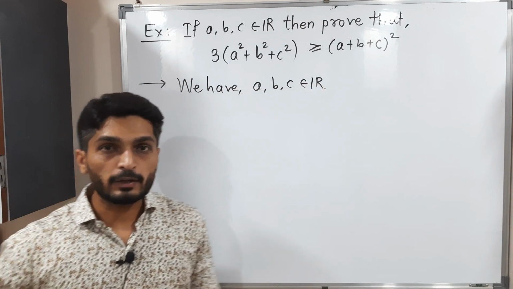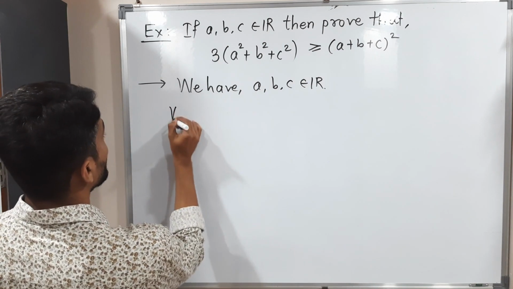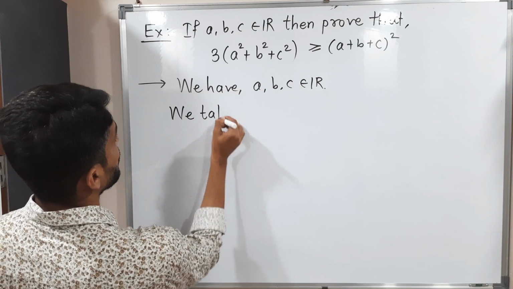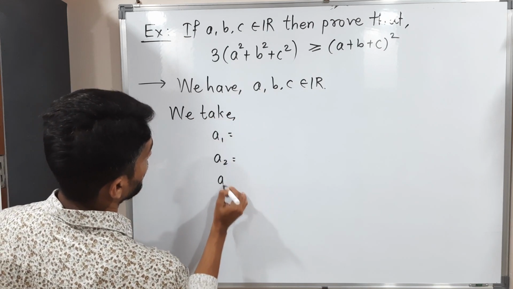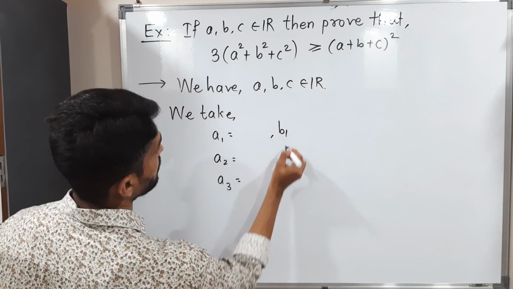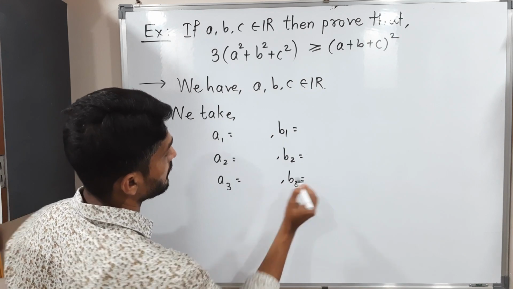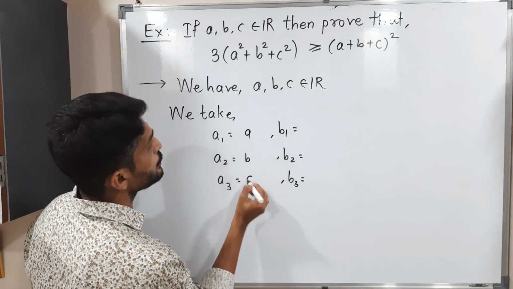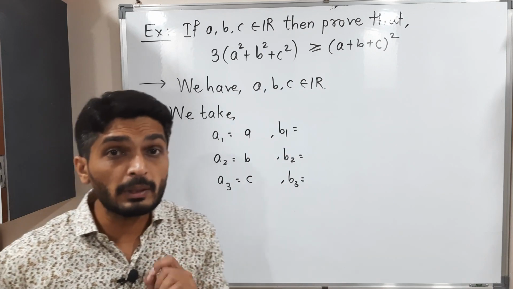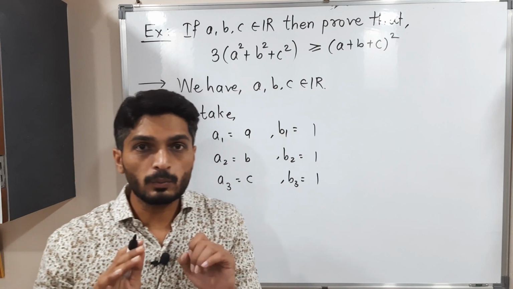I am going to apply Cauchy-Schwarz inequality. We are going to take 6 real numbers, A1, A2, A3 and B1, B2, B3. I will take A1, A2, A3 as A, B, C, which are the given real numbers. I am taking B1, B2, B3 as 1, 1, 1. So now we have 6 real numbers.